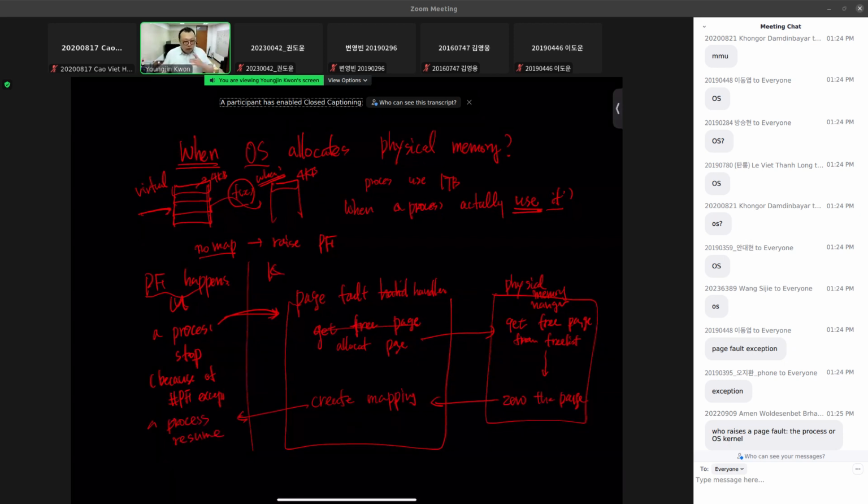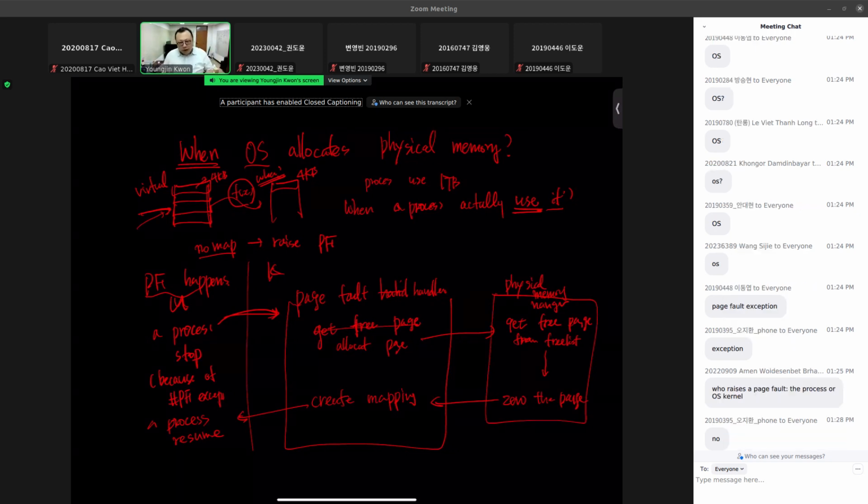At this point, the process accesses this virtual address again. Does a page fault happen or not? No. Then the process can continue.